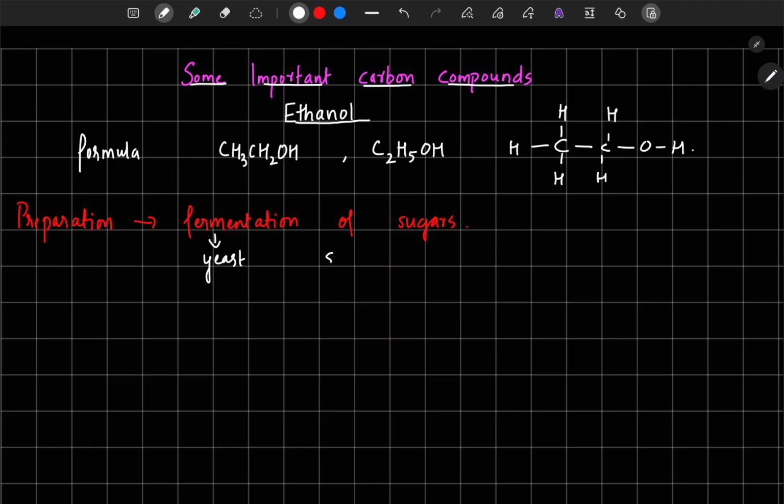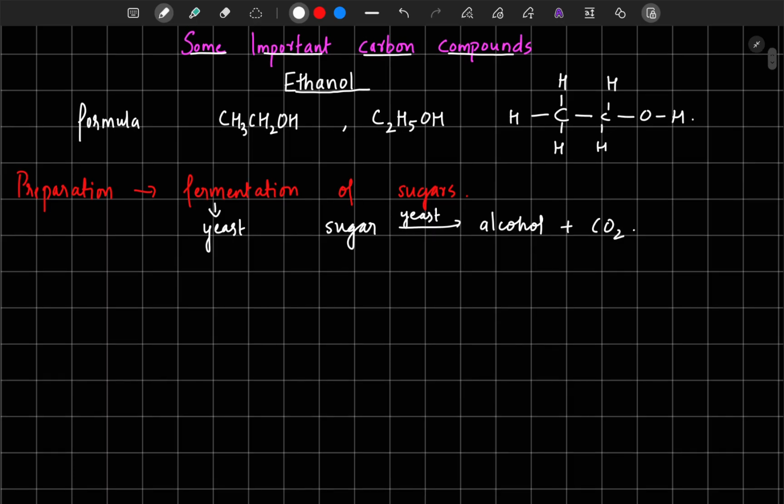Yeast will convert this sugar to alcohol plus carbon dioxide. So that is what happens here. This is how ethanol is widely prepared. It's also prepared from petroleum byproducts, but just remember about this.